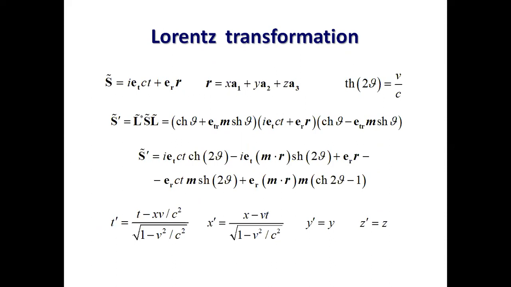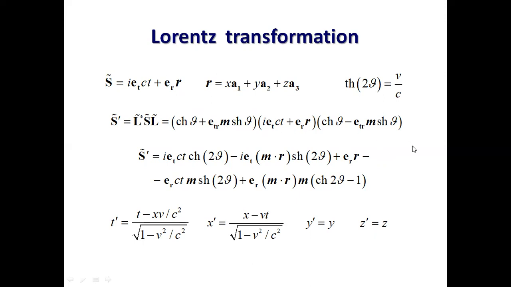Let us consider the Lorentz transformation in detail. For example, we consider the so-called four-vector of event. In this case, our Cdon can be represented as time part and space part. The transformed Cdon is written as the product of three terms. Here we assume the Clifford product of vectors m and r.